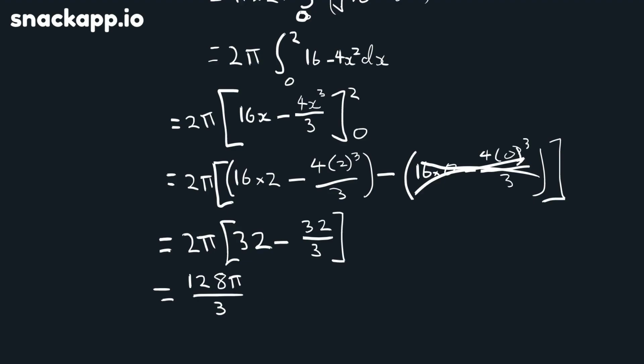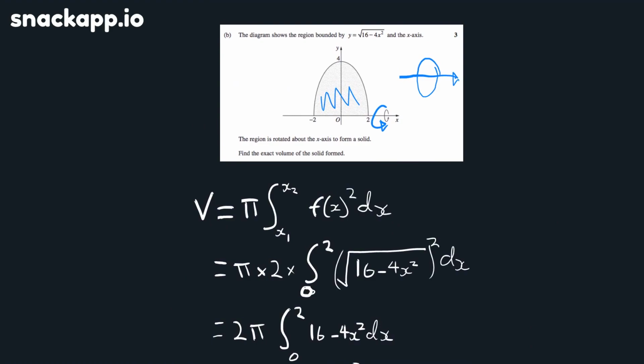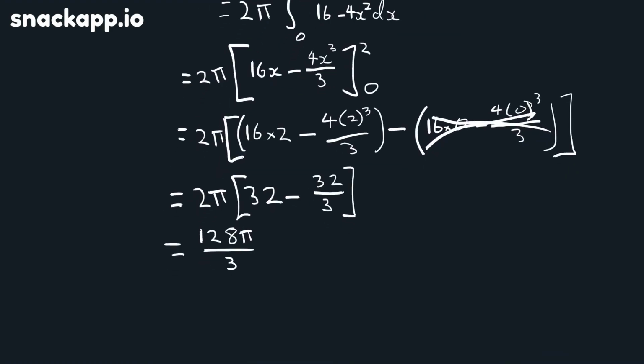And now this is a volume, and if we quickly go back up to the question, our units are not given. So we can just give our answer quite simply in units cubed. So still a volume. And there you have it.